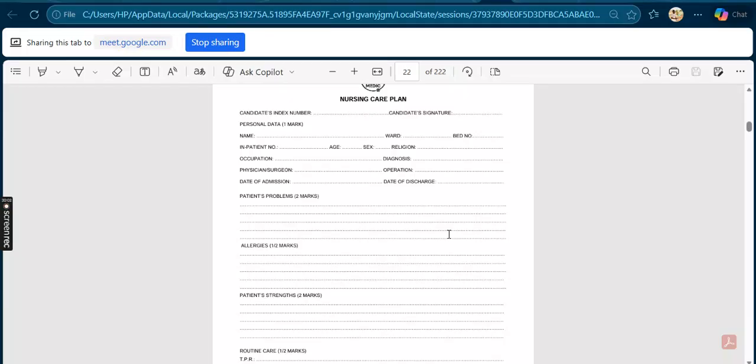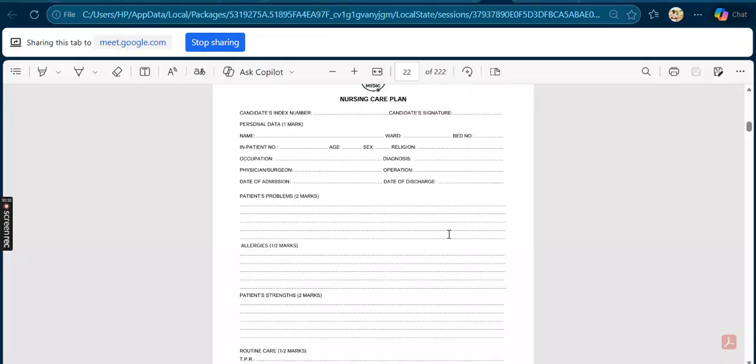So when you are done writing your index number, then you sign, you provide your class, your program, the lab you are assigned to, and even the ward, you provide all of them on the sheet. So when you are able to fill all of these data here, you'll be awarded 1 mark. The name over there is not your name, it's the patient's name, personal data.